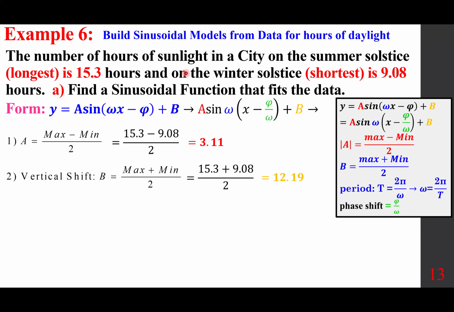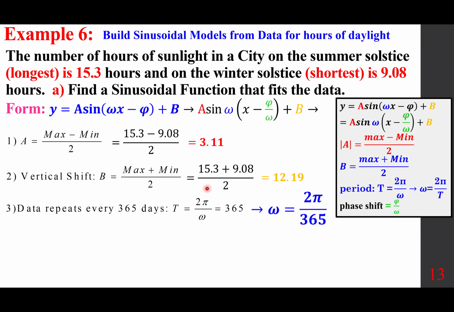So we're talking about a yearly situation. We assume there are 365 days. It's 365 and sort of 1/4, about 6 hours. So T is 2 pi over omega and it's 365, which makes omega 2 pi over 365.